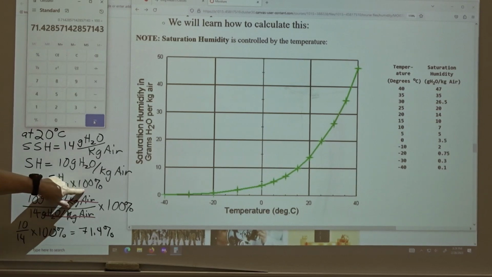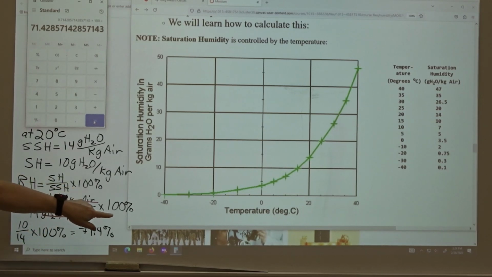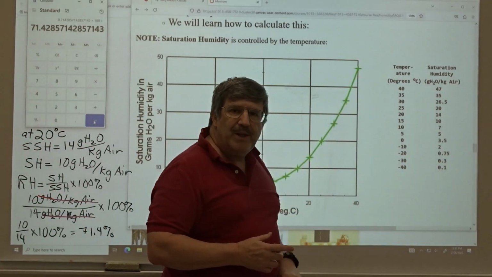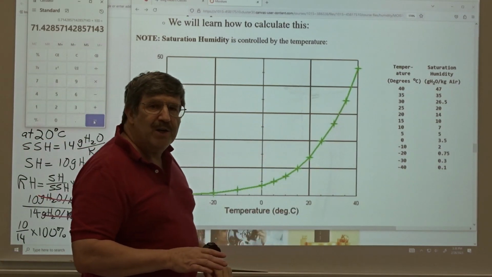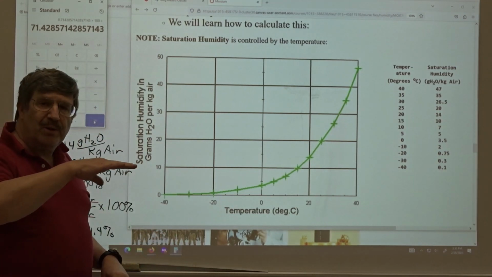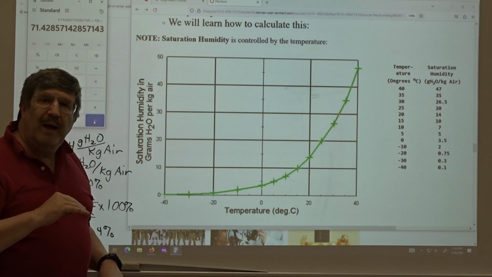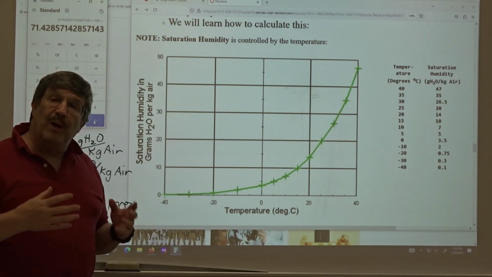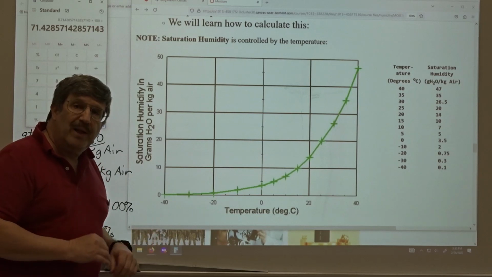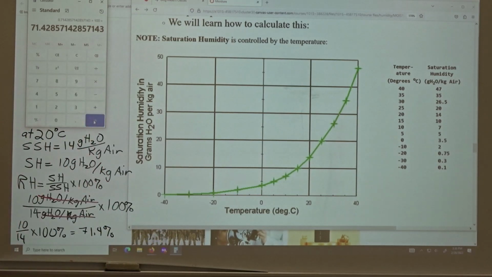Write out your equation, then put your numbers in, and you'll get the answer. Now, the interesting thing that happens is that because saturation specific humidity changes with temperature, if you have a certain specific humidity and a changing temperature, your relative humidity will change even though the amount of water present in the atmosphere is constant.